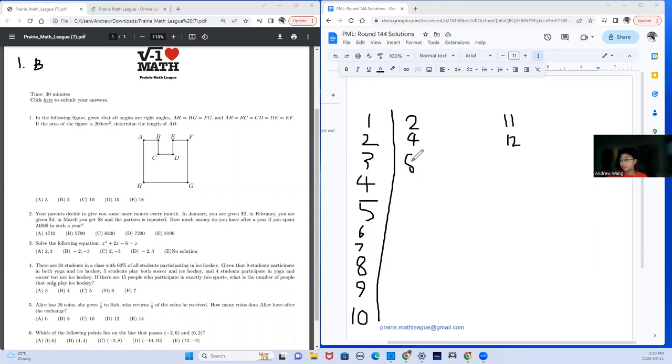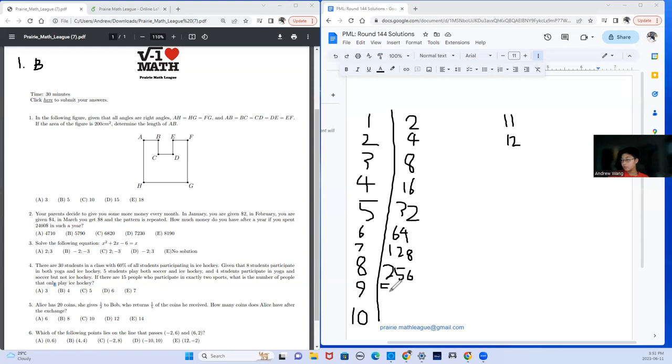March would be $8. April, $16. May is 32. 6 is 64. 7 is 128. 8 is 256.